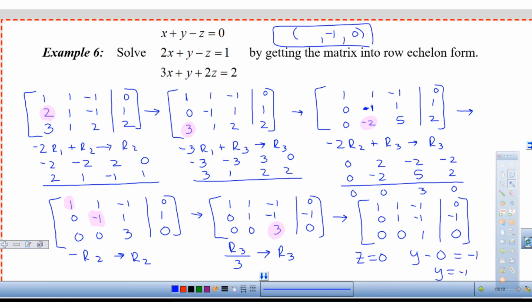Now do your x at the very top. That's going to be x plus y, that's -1, minus z, that's -0, I'm not even going to write that down, is equal to 0. So that gives me x equals 1. So I've got 1, -1, and 0.